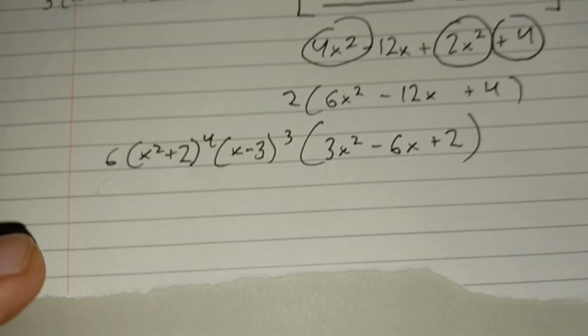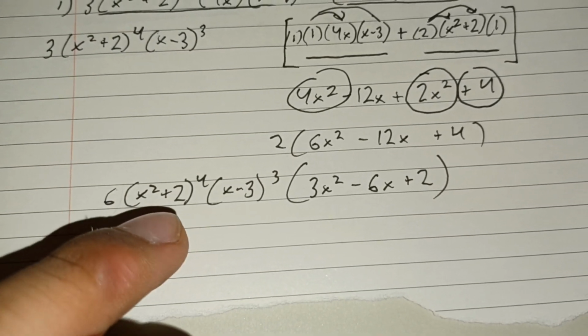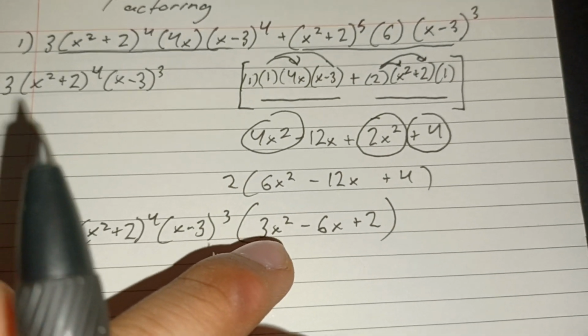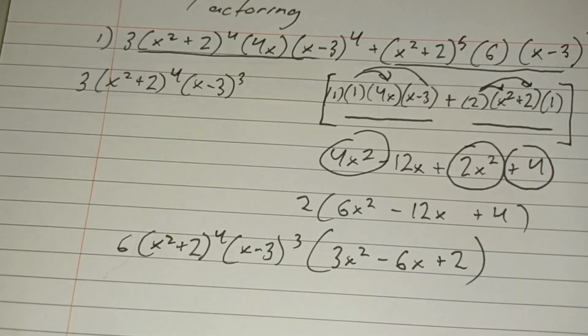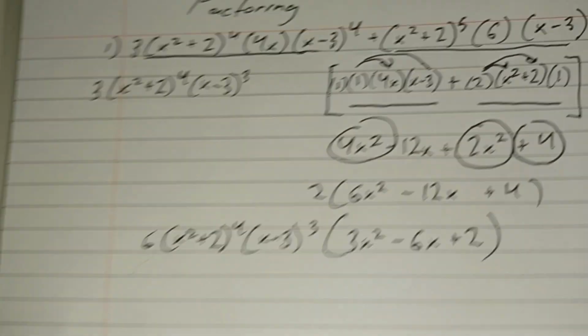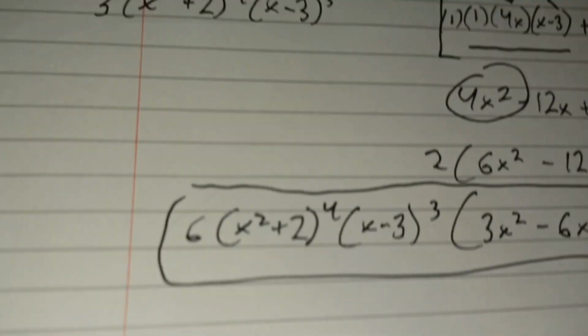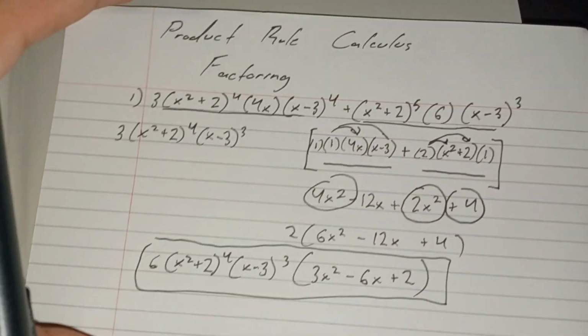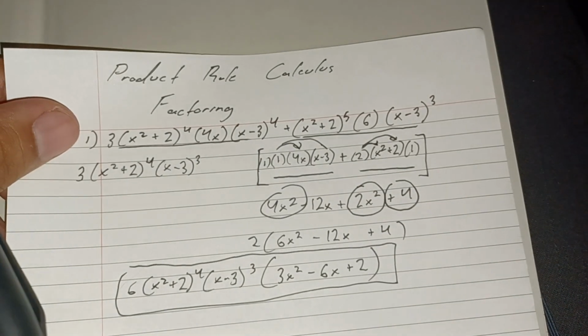So 6 times (x^2 + 2)^4 (x - 3)^3 times (3x^2 - 6x + 2). And that should be your answer for this example. You box this. Sorry, I can't really write that well. I'm in my car right now, but I thought I'd teach you some math real quick. So that's how we do this one.